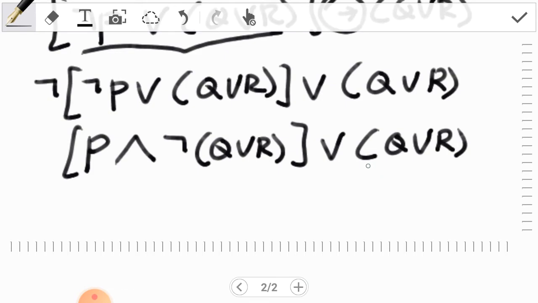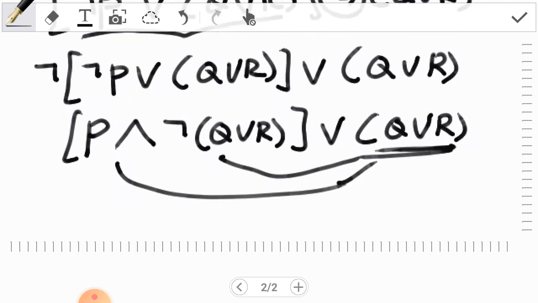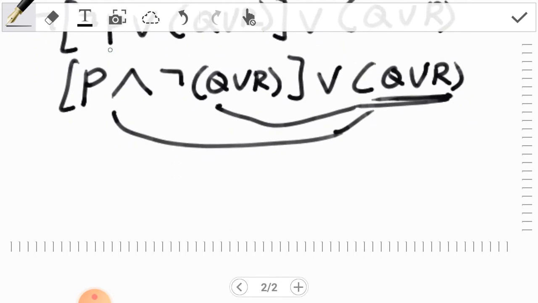And if we now distribute this entire proposition here to each proposition inside this sign of grouping, what do we now get? We have P, okay, P, and then what do we use?